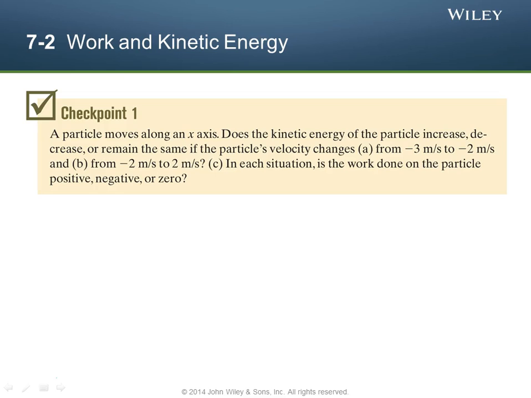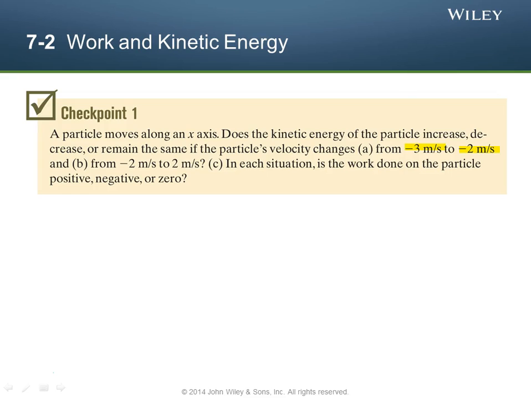To answer this, we need to examine the energy. What does the particle have initially and in the end? You might immediately say, oh, we're going from -3 meters per second to -2 meters per second, so we're increasing by 1. Well, let's hold off on that. Let's look at what our energy is here and here.